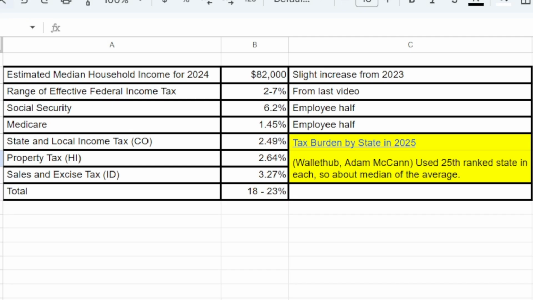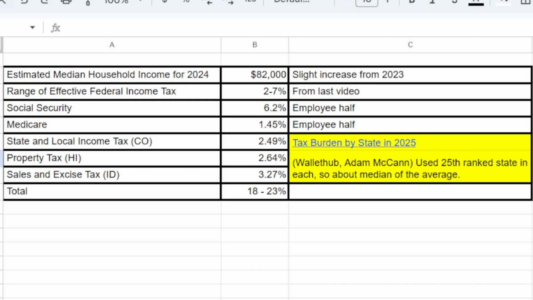Social Security is a set 6.2% of income, basically W-2 income. What that means is if you're self-employed, you actually pay 12.4% because you pay both halves of that. But Social Security doesn't get taxed by Social Security, and if you have investment income, you don't pay Social Security tax on that either.